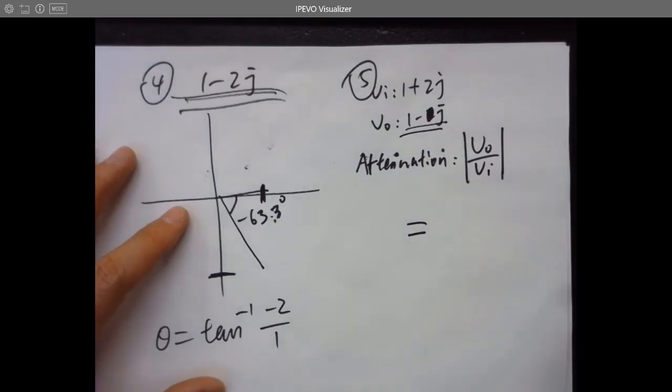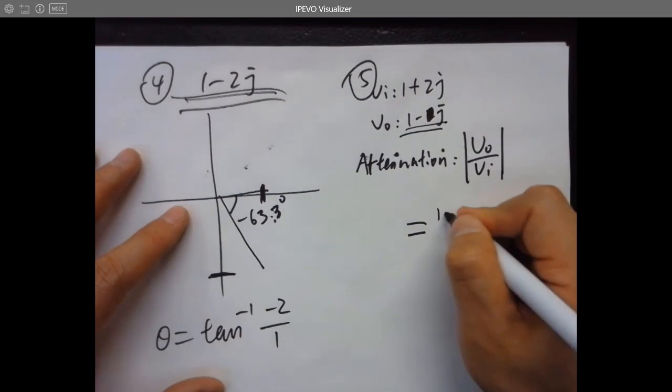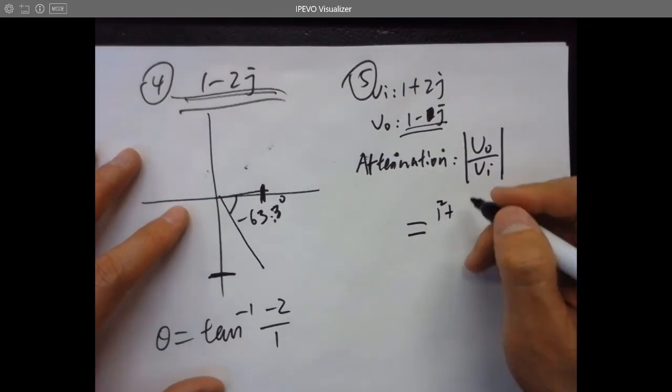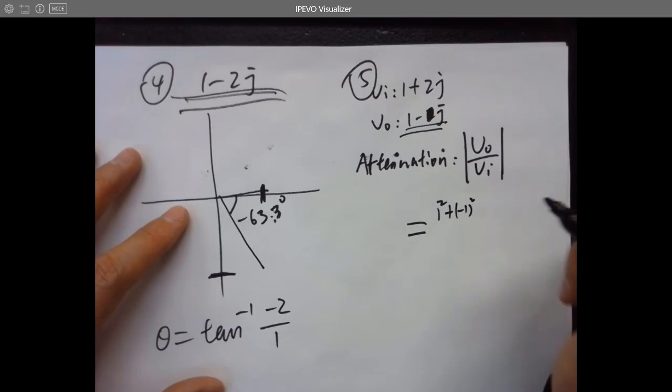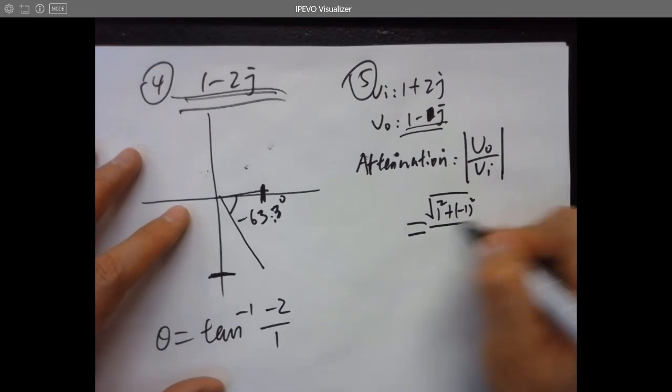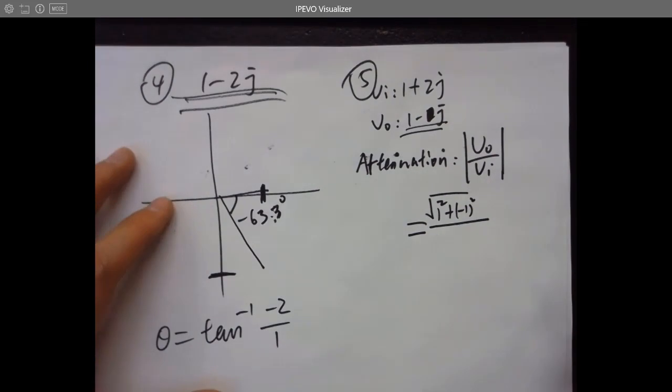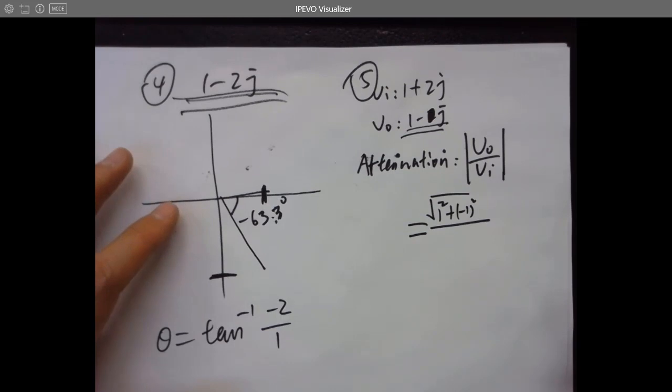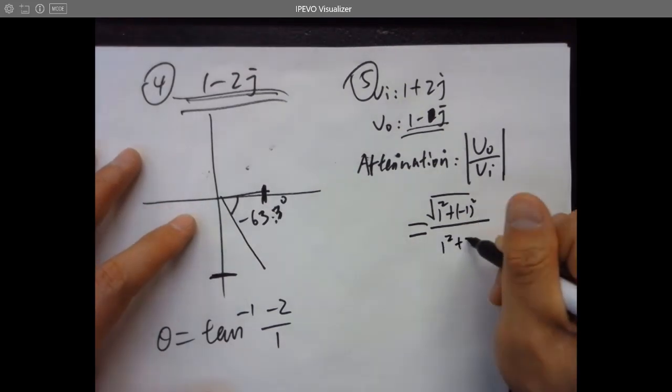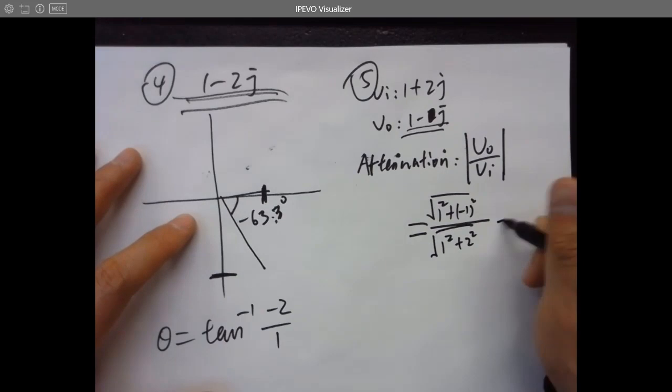Get the amplitude here first. What is that? It's the square root of 1 squared plus (-1) squared. That's V out's amplitude. What about V in's amplitude? Yep. What's attenuation?